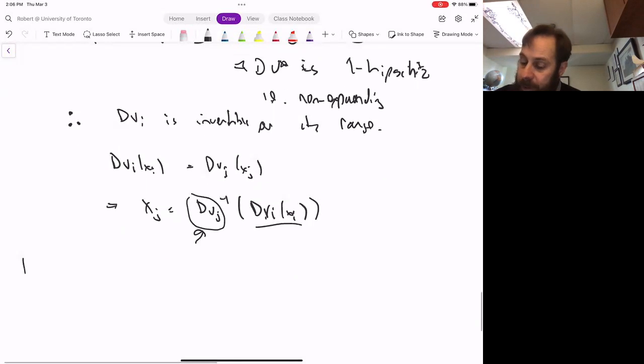So here's the theorem that I was going to state that sort of follows from these considerations.